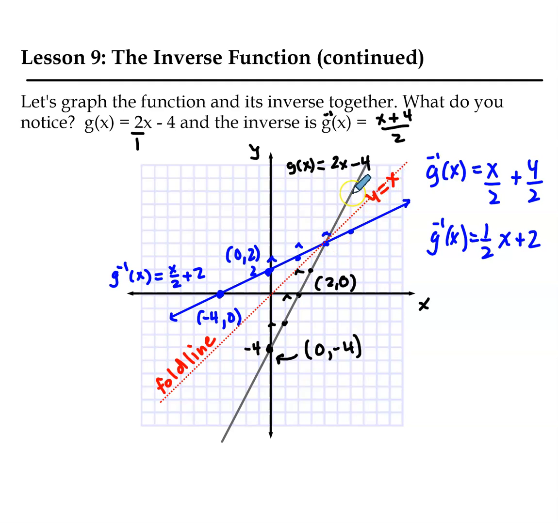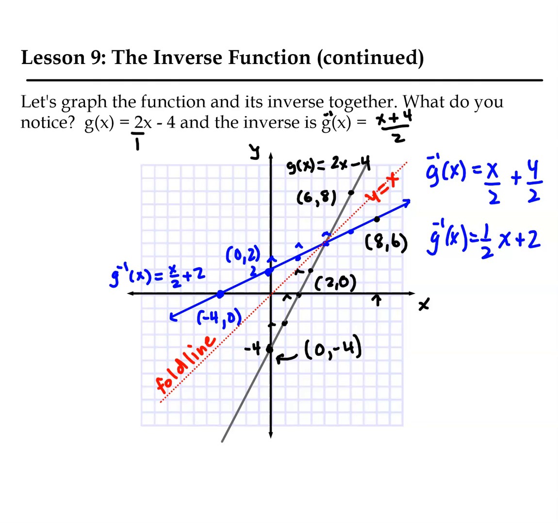If I consider the point six, eight, then I predict there will be another point on my graph at 8, 6. Let's see if this is true. One, 2, 3, 4, 5, 6. And in fact, it's true.